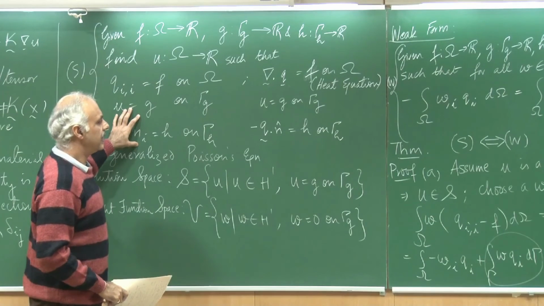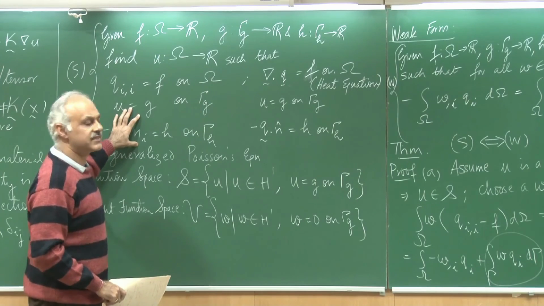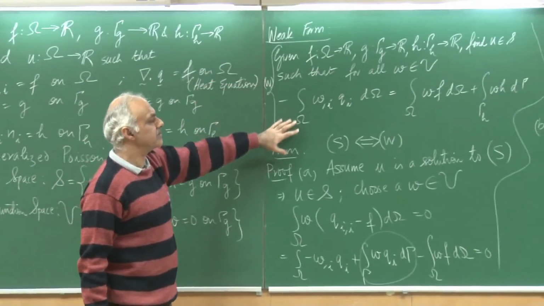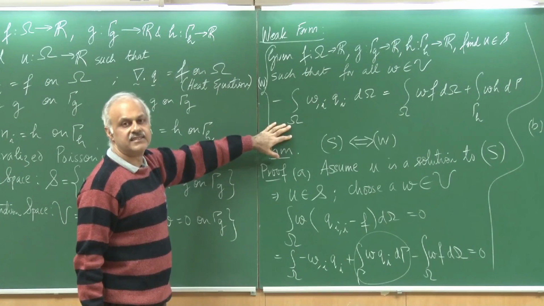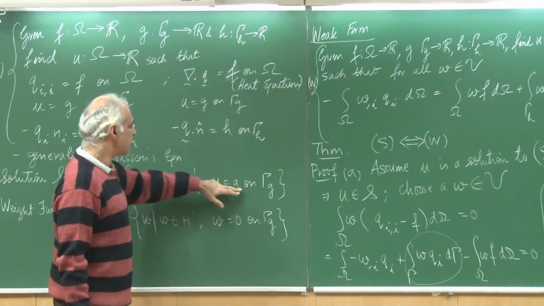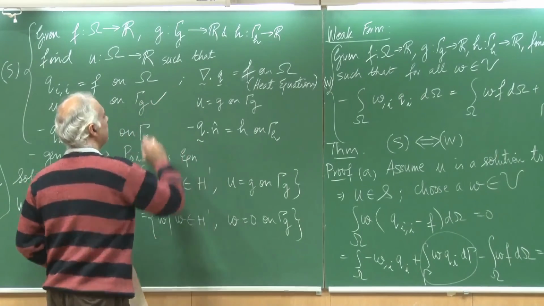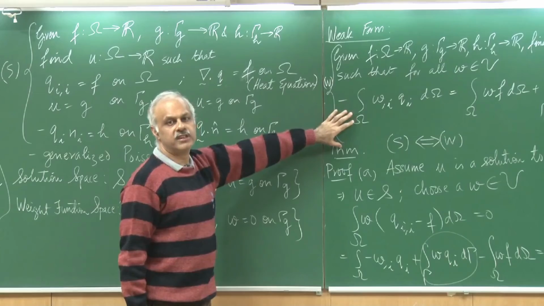Now you will agree with me that because my solution satisfies the weak form, this is given to me. Which means I know u already belongs to the space S. If u belongs to the space S, so this boundary condition is taken care of. So this is done. So therefore if I start from this weak form, I need to show two things.